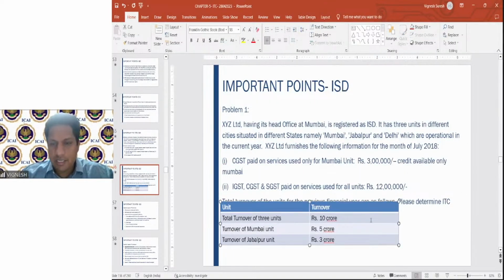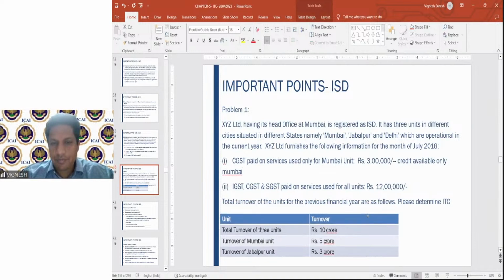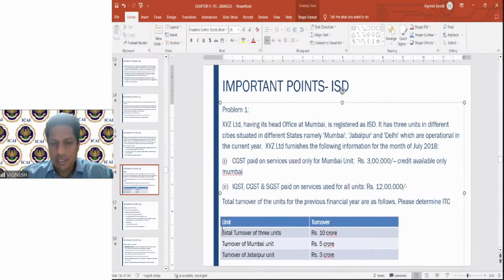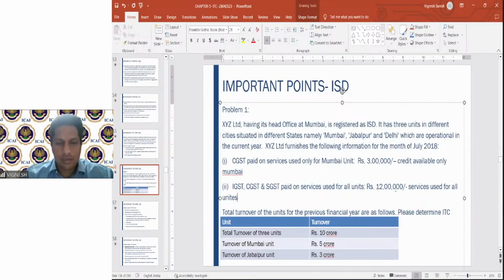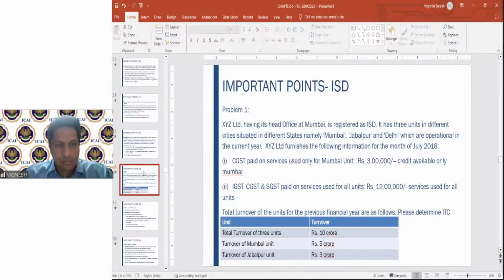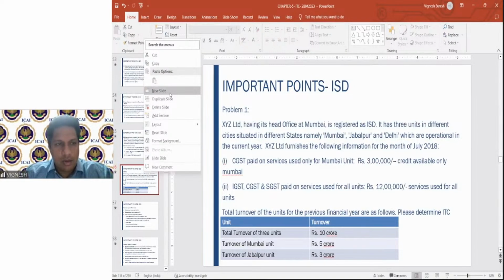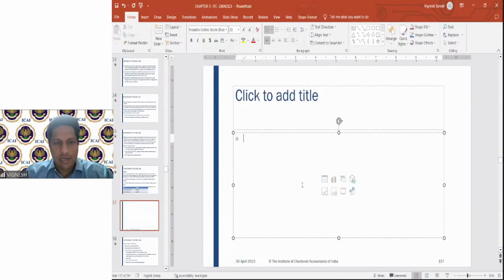Then IGST, CGST and SGST paid for services used for all the units, so 12 lakhs. So this one is services used for all units. Now turnover also is given. What is the ITC which you can claim?